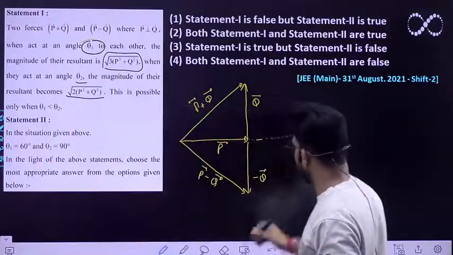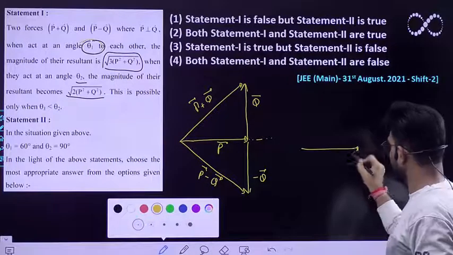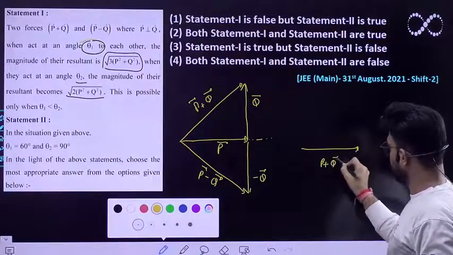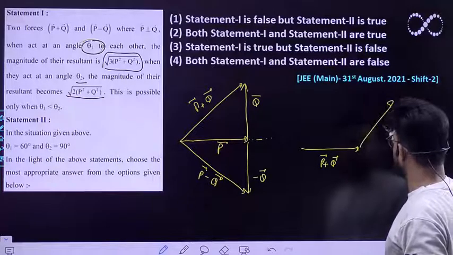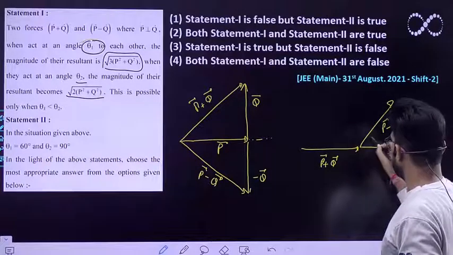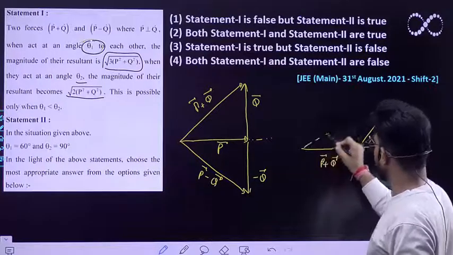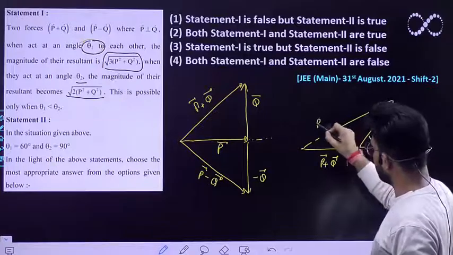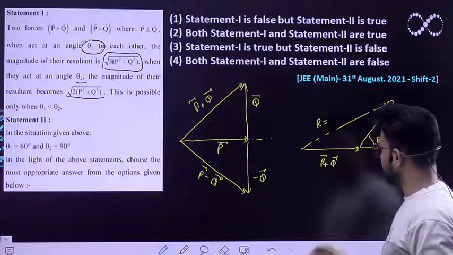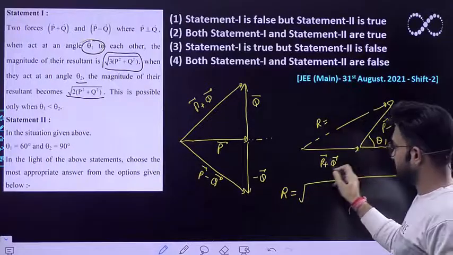We also know that if we have been given this setup in which P plus Q is one vector and P minus Q is another vector, and θ1 is the angle between them, we know the relationship, the resultant R that you can get is given by the root of the whole square of this.